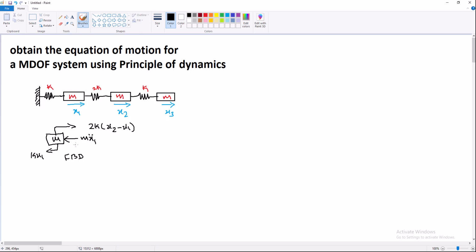This is the free body diagram of the first mass. Now the second mass: this is the mass m, and in this direction again I have 2k times (x2 minus x1).